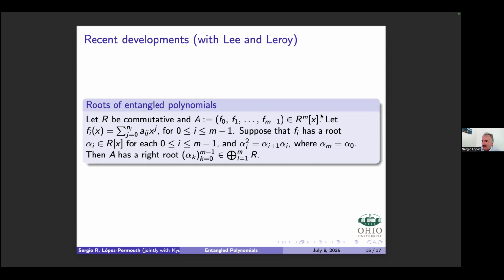It's a little bit technical, but it seemed like a good way to conclude the talk, saying if I create an m-nomial and I have roots for each one of these m-nomials, and then these roots do satisfy some relations between them, then the M-tuple will be a root for the m-nomial.